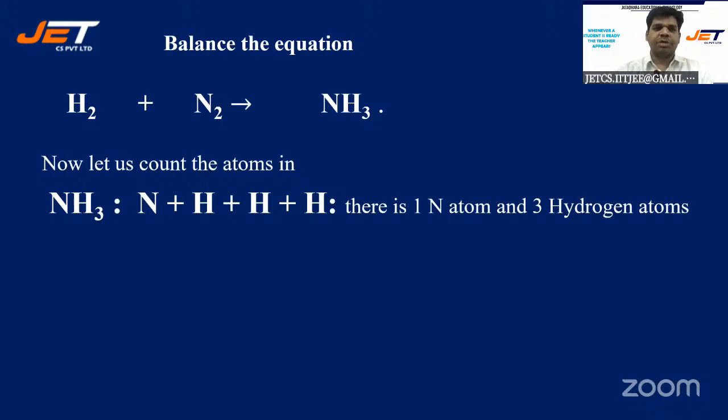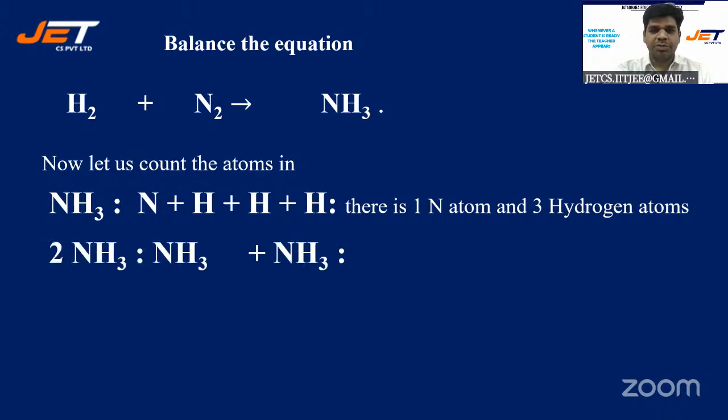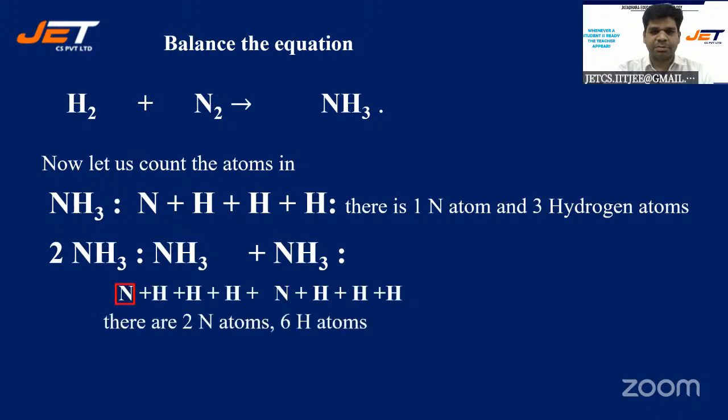There is 1 nitrogen atom and 3 hydrogen atoms, N plus H plus H plus H. In 2NH3, we have got NH3 plus NH3, that is 2 nitrogen atoms and 6 hydrogen atoms. All right.